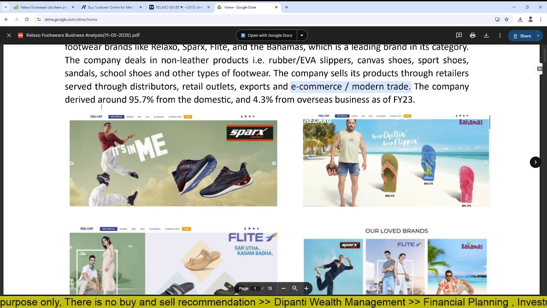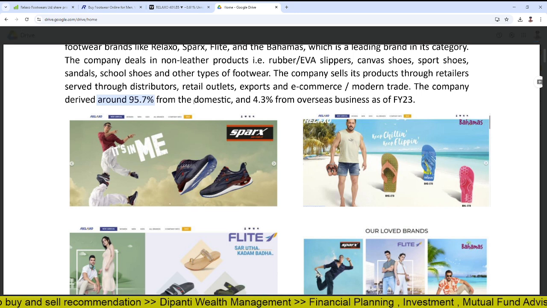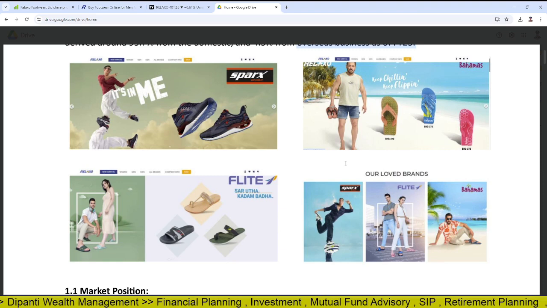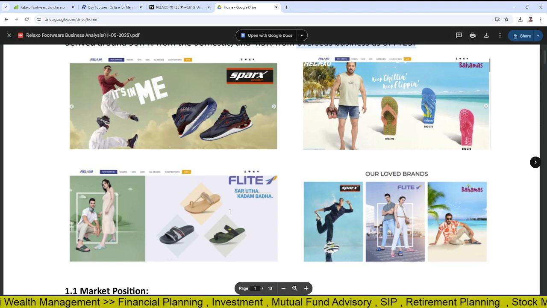The company derived 95.7% of revenue from the domestic market and 4.3% from overseas business as of financial year 2023. These are the products you can see on the screen.